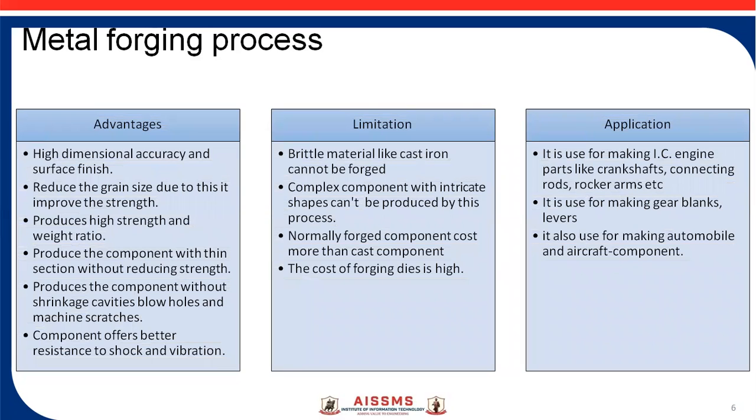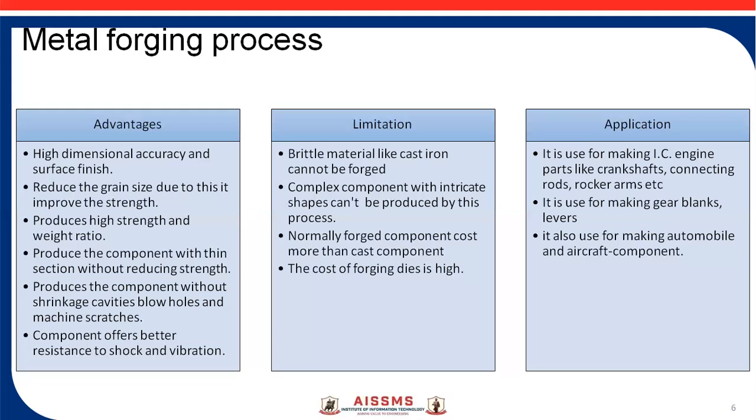Under the microscope, the grain structure is refined, and due to this the strength is more than casting. That is one advantage. High strength to weight ratio, and complicated jobs can be easily manufactured. Another is producing components with thin sections without reducing the length.